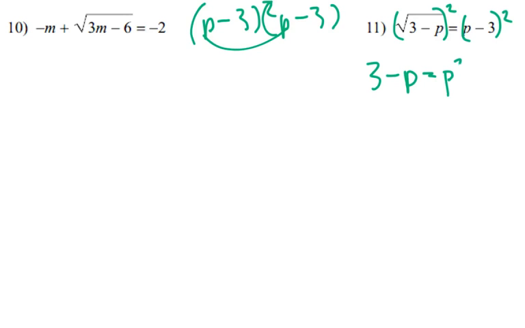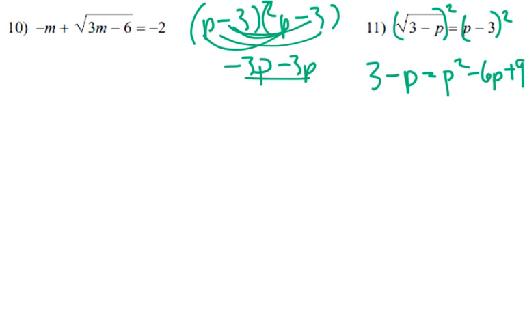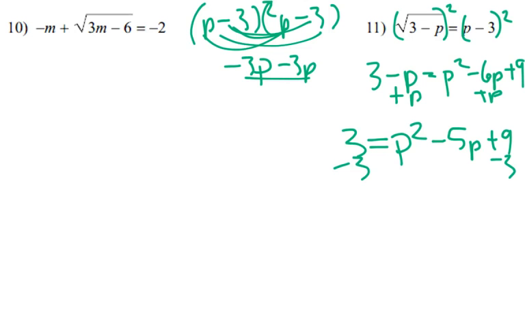So we get p squared minus 3p minus 3p, combine those like terms, minus 6p plus 9. 3 times negative 3 times negative 3. So we add a p, giving us 3 equals p squared minus 5p plus 9. Then subtract a 3. So we get 0 equals p squared minus 5p plus 6.